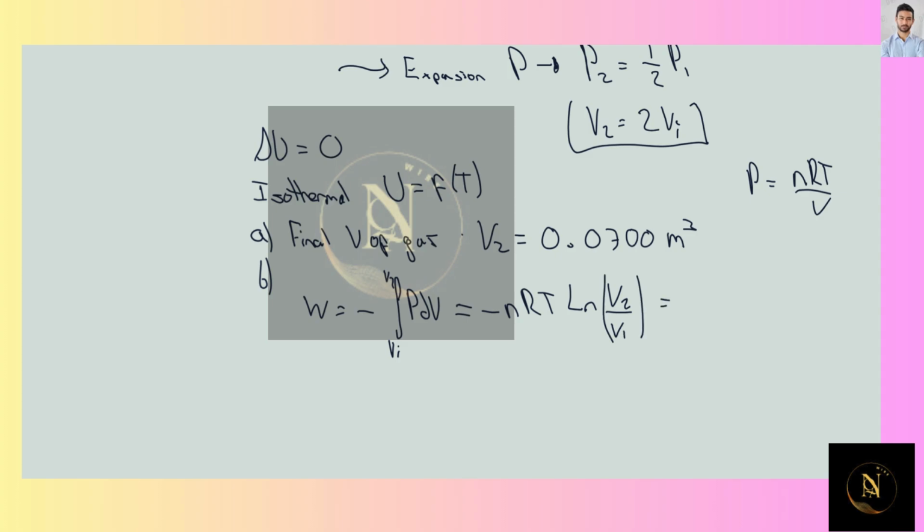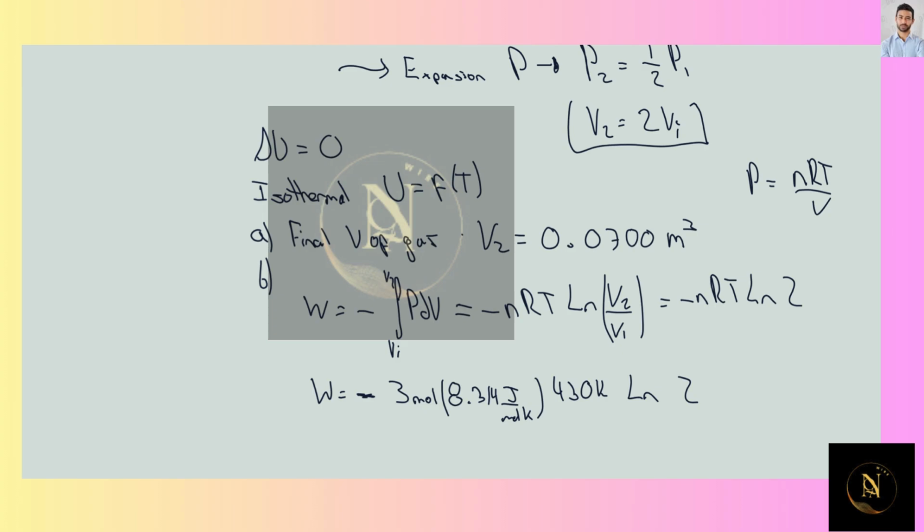Since the final volume is double, we get minus nRT ln 2. Replacing the values, we have 3 moles multiplied by 8.314 joules per mole Kelvin times 430 Kelvin times ln 2.